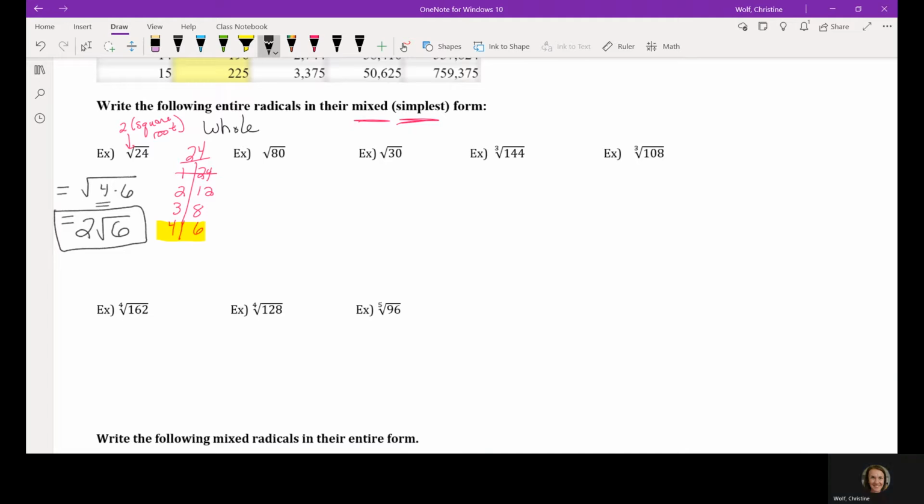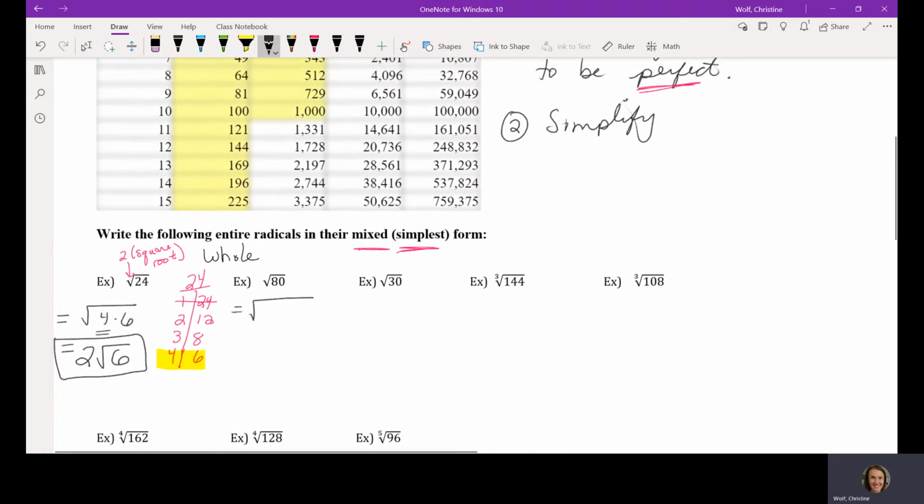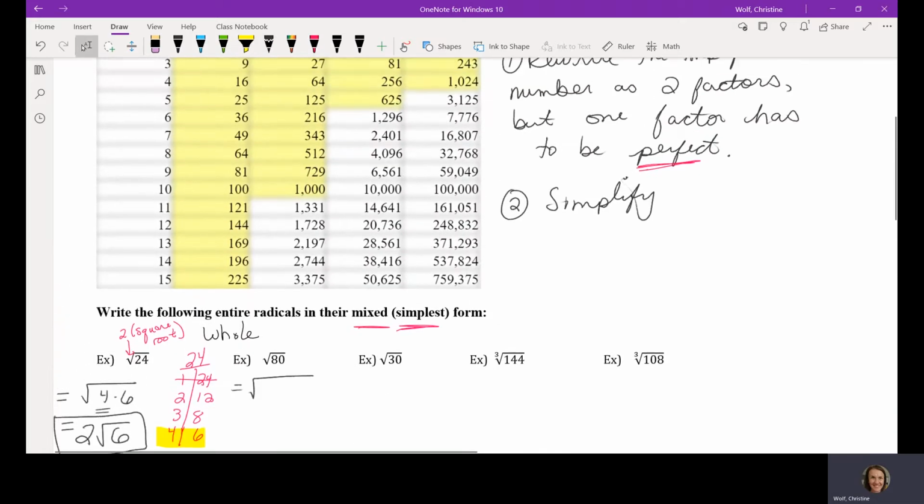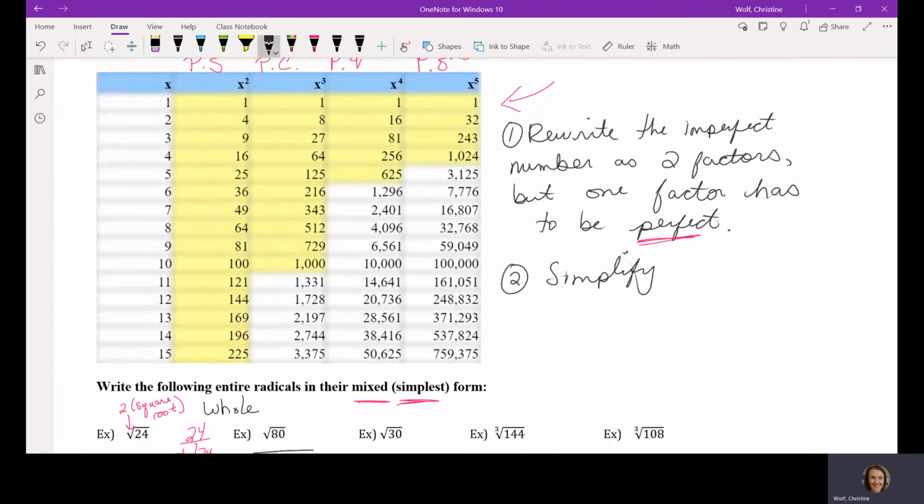Okay, so now we have to think of a way to break down 80. What times what can give me 80? But because I want the square root of 80, I have to pick an option that comes from these numbers here. So you take your calculator and start fairly high up, maybe like 64. Can 64 go into 80?